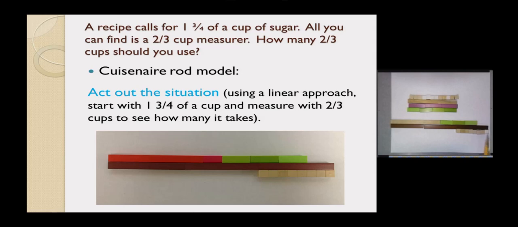I hope you can see this, that I measured that last one right to there. That's how much I want sugar only up to this point. So how much of the last 2/3? Well, that's 1, 2, 3, 4, 5 out of the 8 it takes to make another one. So that looks like 2 whole 2/3 cups and 5/8 of the last one.